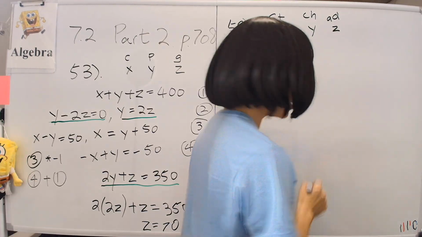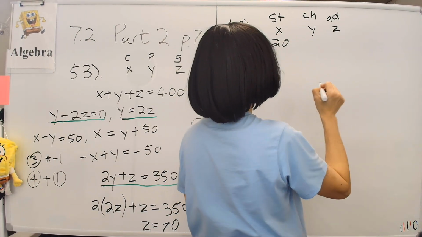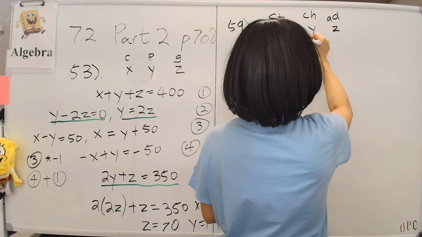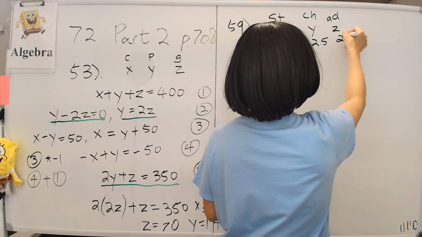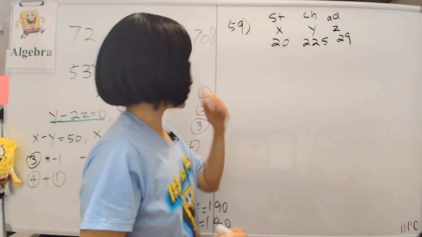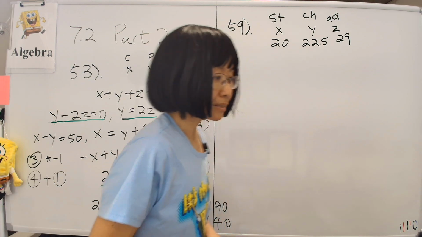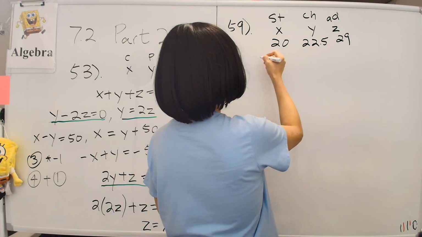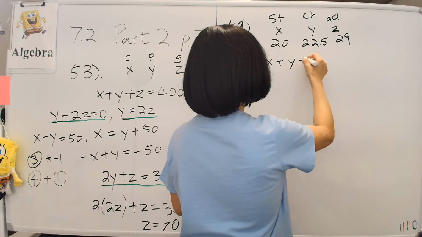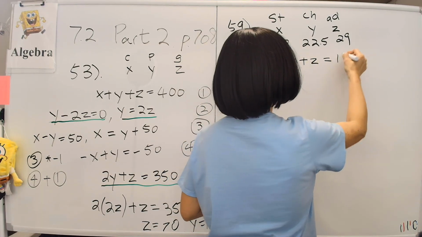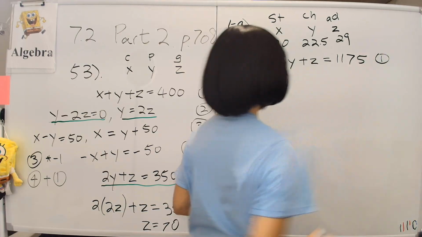The prices are given: $20 for students, $22.50 for children, and $29 for adults. So there's our information. Moreover, the total number of tickets is 1175, so we'll have x plus y plus z equals 1175. That will be our equation 1.